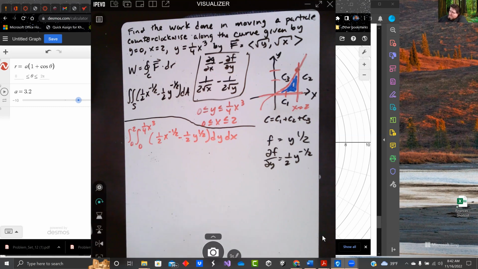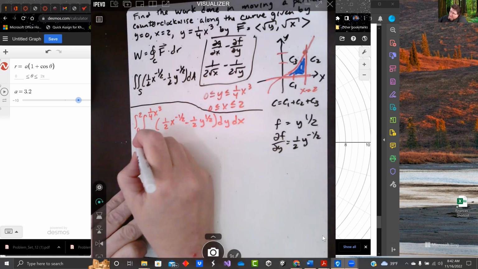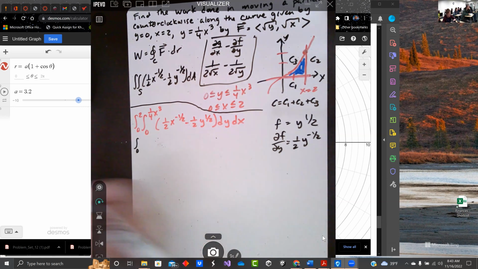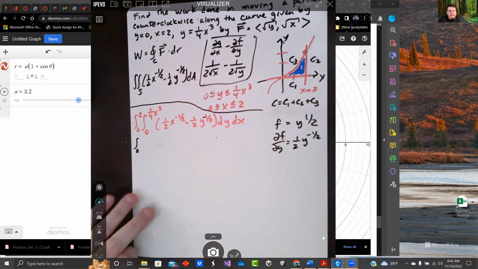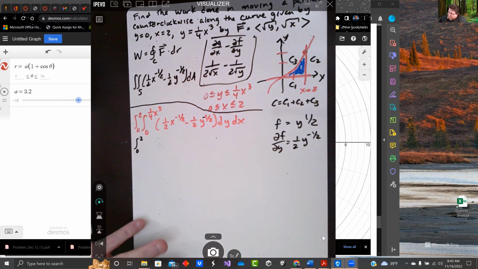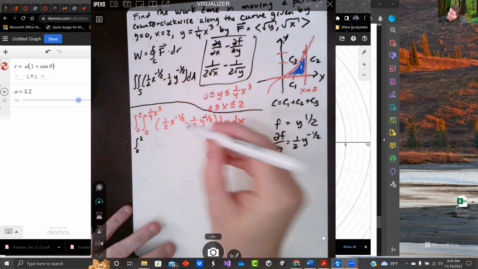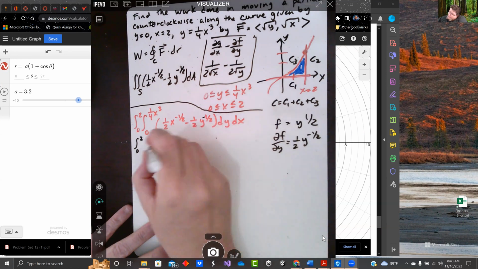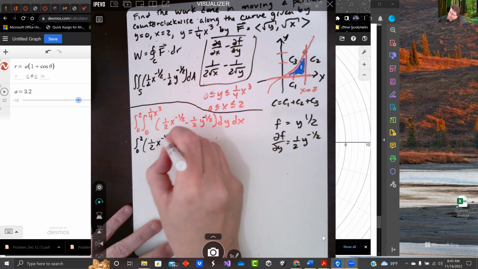Still not the most lovely thing, but it is what it is. Yes, question. You forgot the negative sign on the y to the 1/2. Oh, yeah, you left a negative sign off. Thank you. So this one is just 1/2 x to the negative 1/2 y.